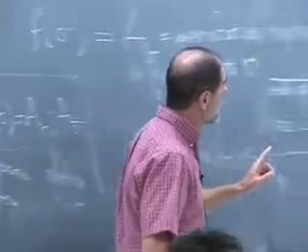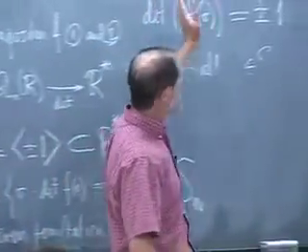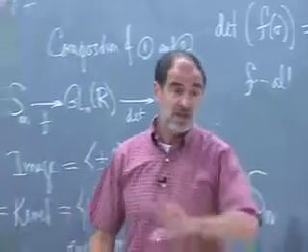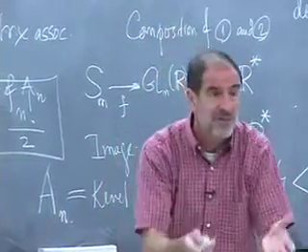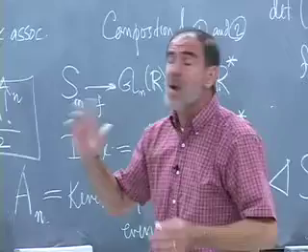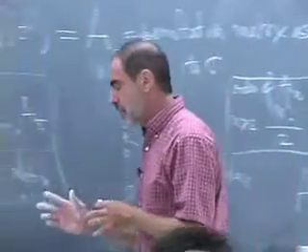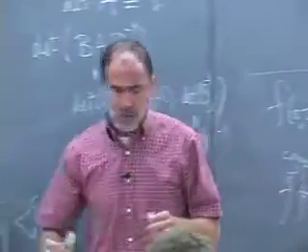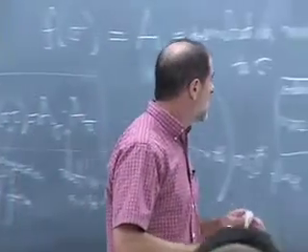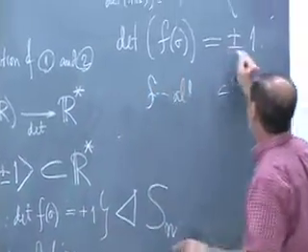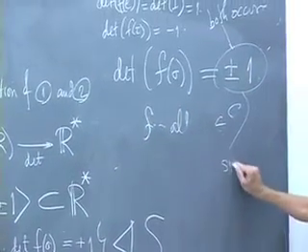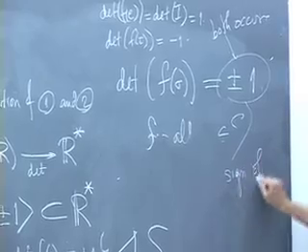Then you have to prove to yourself that the determinant of a permutation matrix is plus or minus 1. And then you have the notion of the sign of a permutation. That's the right way to define a sign of a permutation. The other ways of doing it, you can find in algebra books. The sign of the permutation, by the way, is the sign of this determinant. This is called the sign of the permutation sigma.